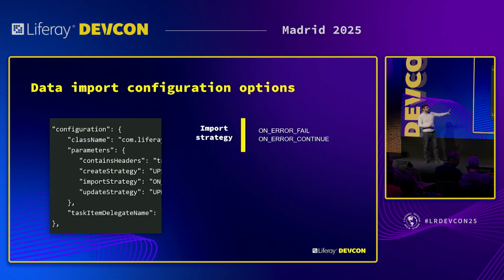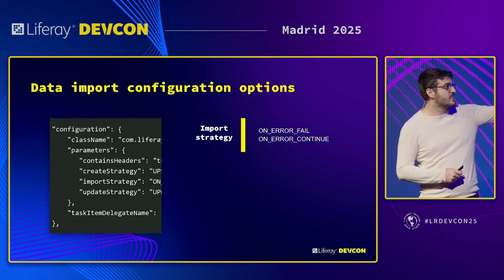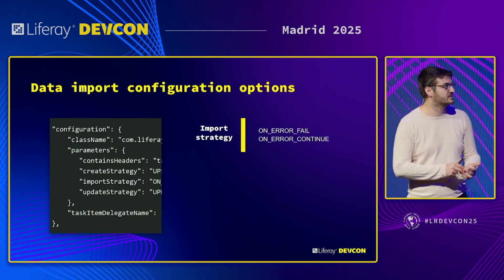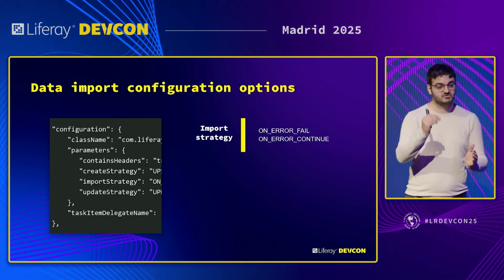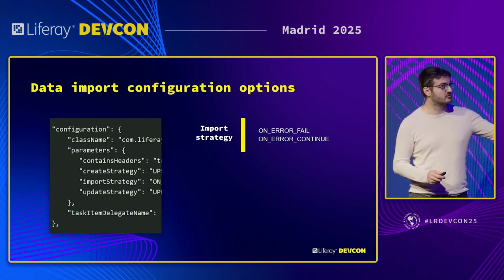In the configuration, we have some strategies that we have to configure. We have the import strategy that we can put on error fail. That's very descriptive, because if it encounters an error, it will fail, and the execution of the batch will just stop. We can also use on error continue.